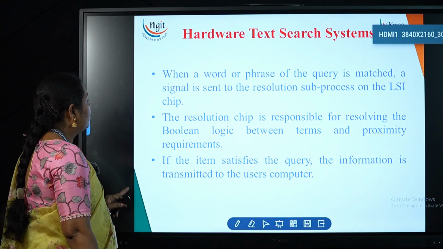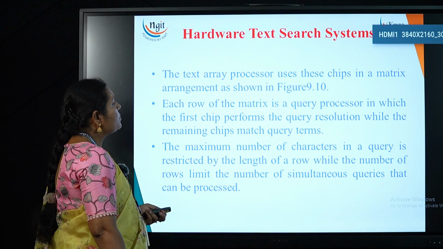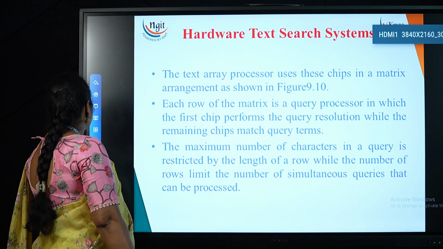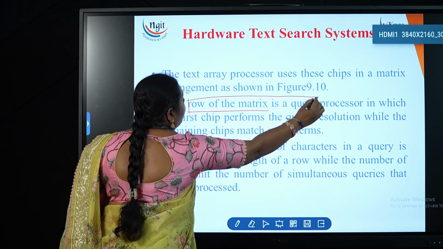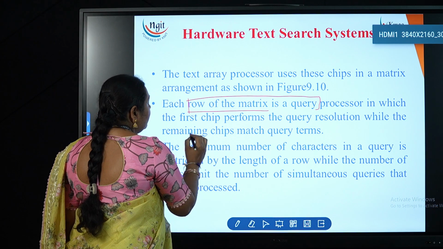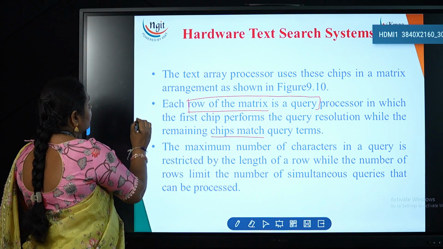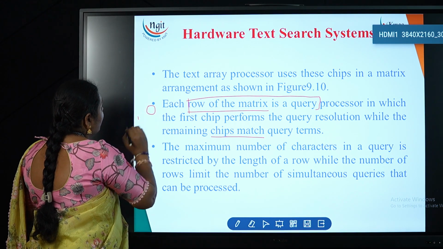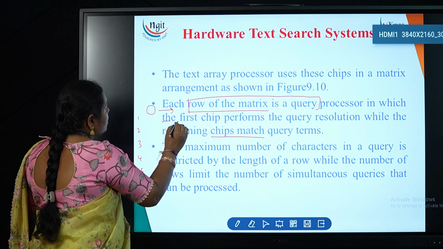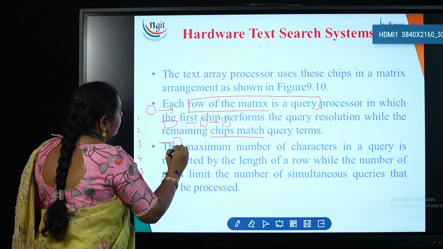This was a basic example. Whenever you are searching, remember that each row of the matrix will have a query processor and you will get the chips matched with the query term. Suppose there are processors 1, 2, 3, 4, 5. You will have the query here, and this will be sent to these linked parallel processors.